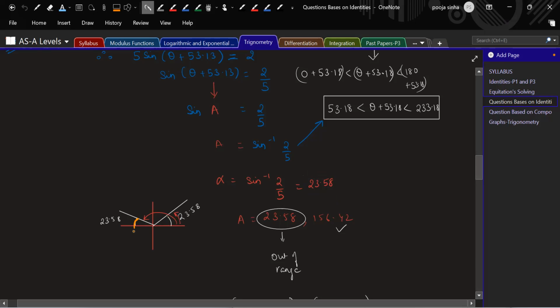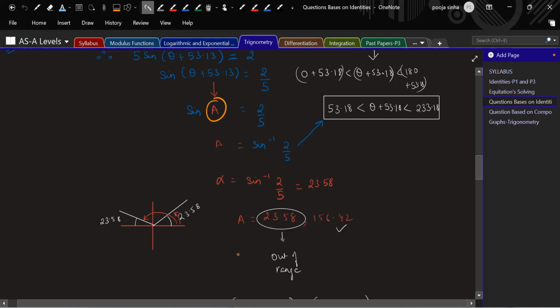Which means your A is 23.58. Or, if it is this one here, it is going to be 156.42. But that is A.